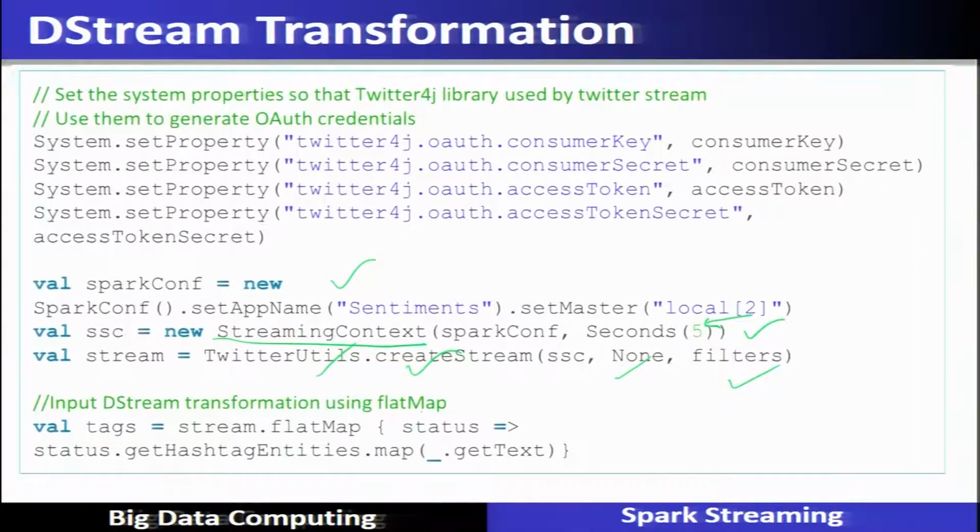Now this DStream will be transformed using flatMap. The flatMap will get the hashtag entries and get the text out of the hashtag entries, and this is called the tag. So out of the stream it will capture the hashtag entries.